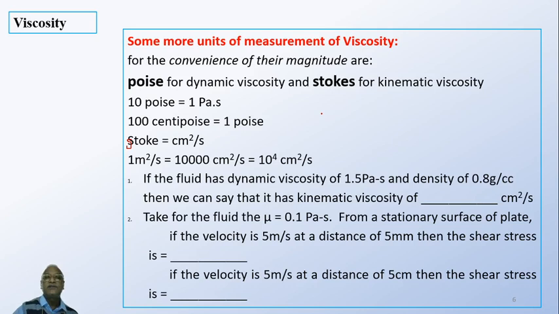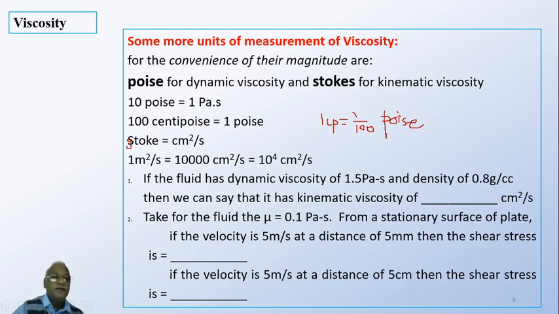That is, 1 centipoise will be equal to 1/100th of a poise. Centipoise is equal to the 100th part of a poise.